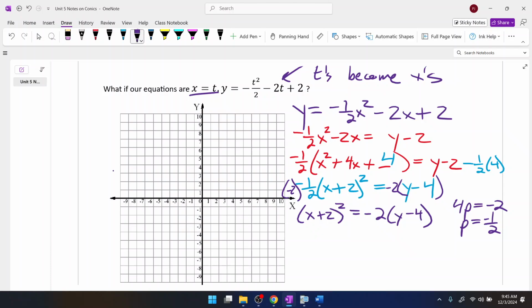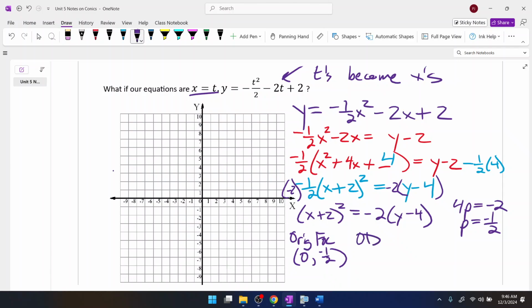Now, I'm not going to give you one like this on your final or anything, because the ones on your take-home test, basically you'll be given this and be told to figure out everything related to it. But the original focus is going to be located at 0, -1/2.